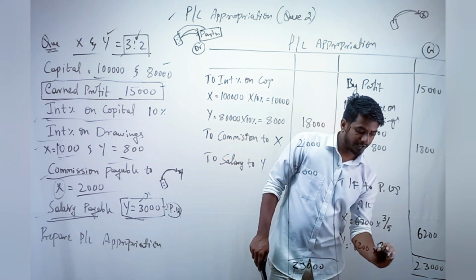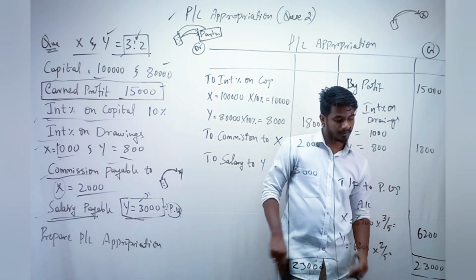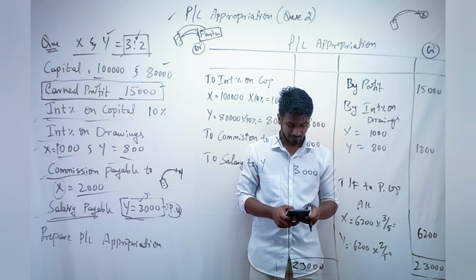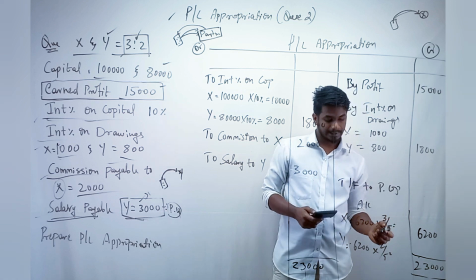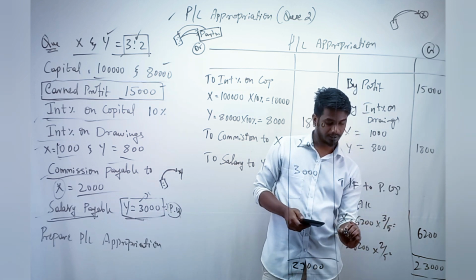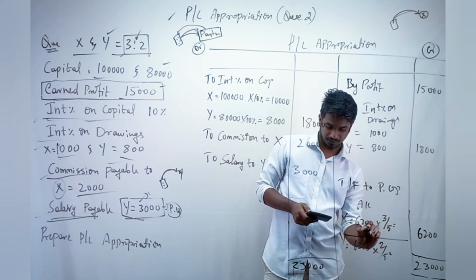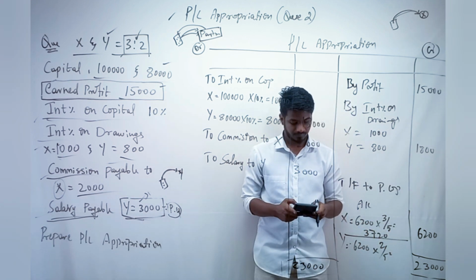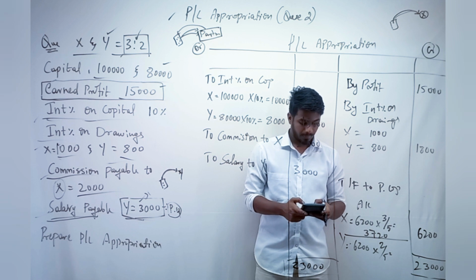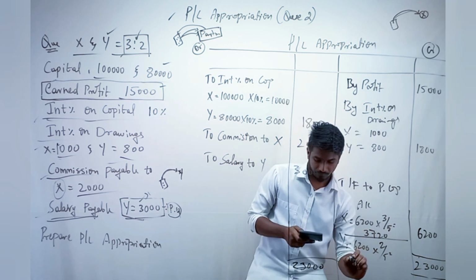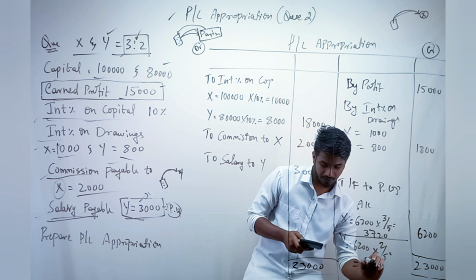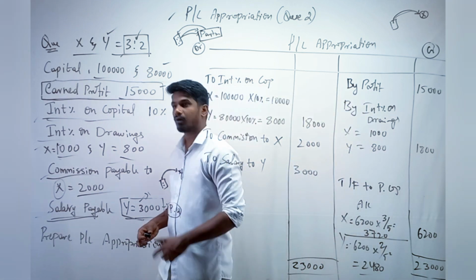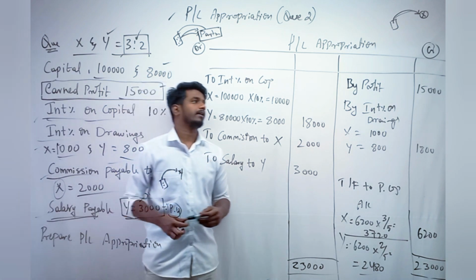Right, and 2 divided by 5 for Y. So 6,200 into 3 divided by 5 is 3,720 for X, and for Y it is 2,480.